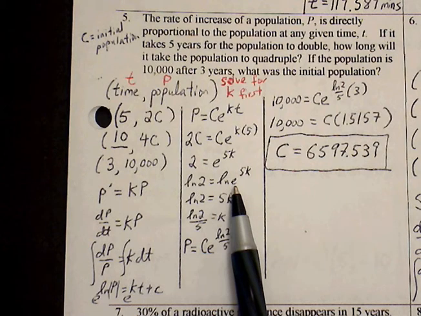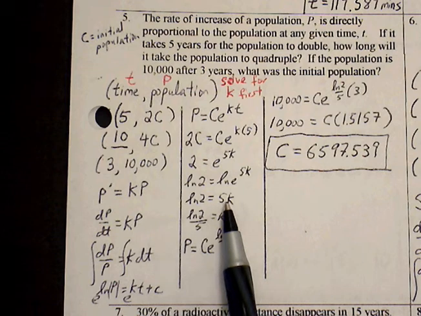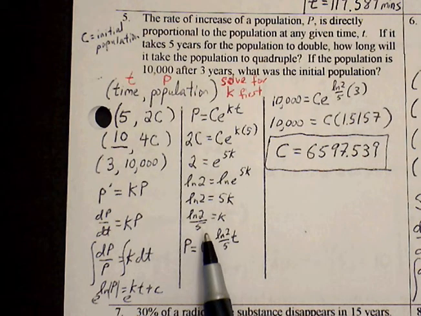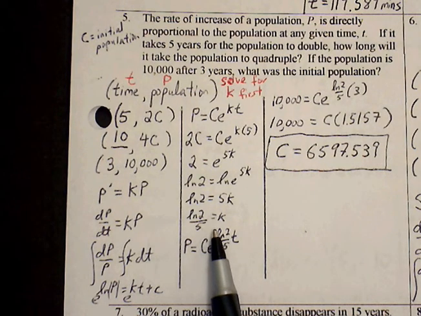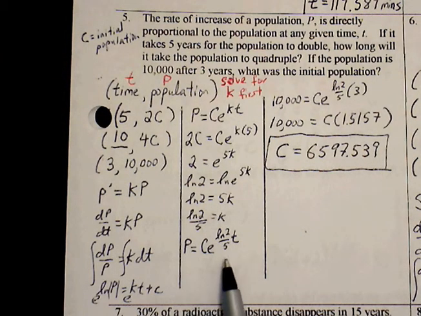The natural log of e becomes 1, so we get 5K is equal to ln of 2. Divide both sides by 5, and we get K is equal to ln of 2 over 5. We have our K value, so we are one step closer to solving for C. P is equal to C e to the ln of 2 over 5 times T.